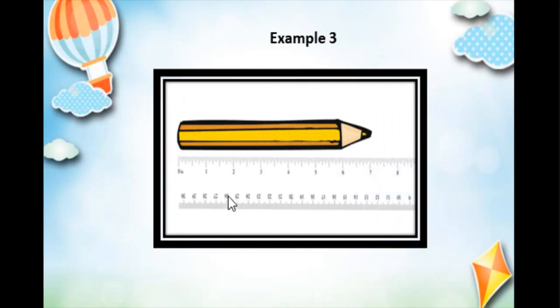Let's measure this pencil. We have the ruler. 0 must start at this point, okay? Not here, but here. Alright? Then, let's count until the tip of the pencil. Ready? Okay, let's go. 0, 1, 2, 3, 4, 5, 6, 7.